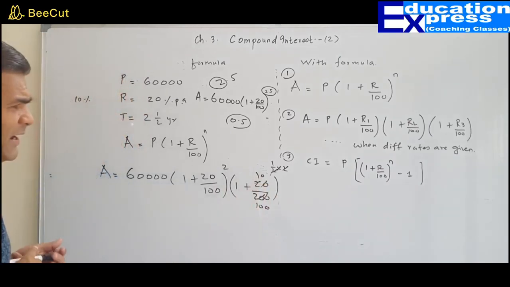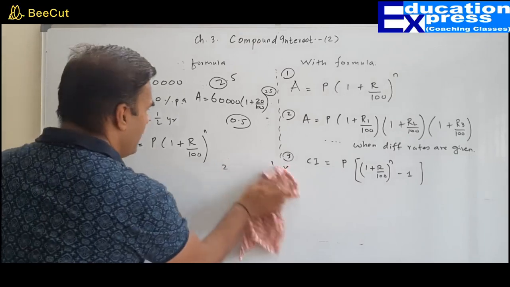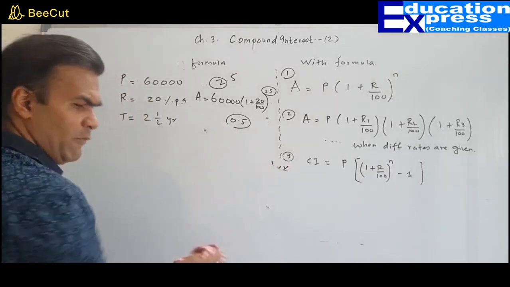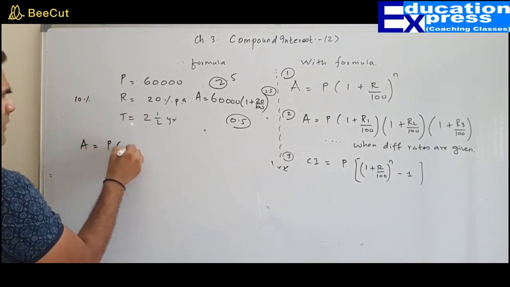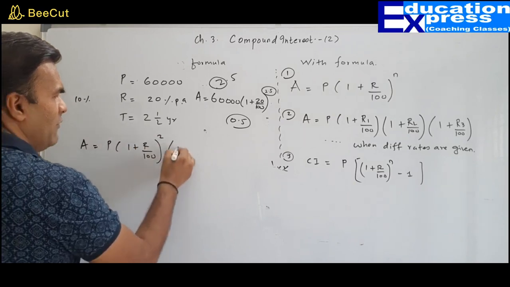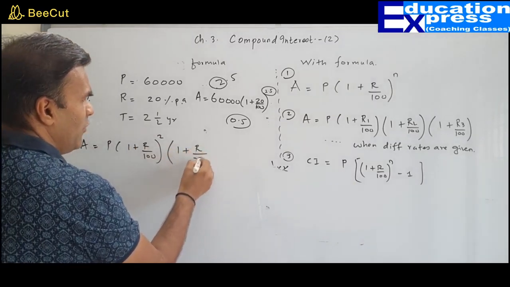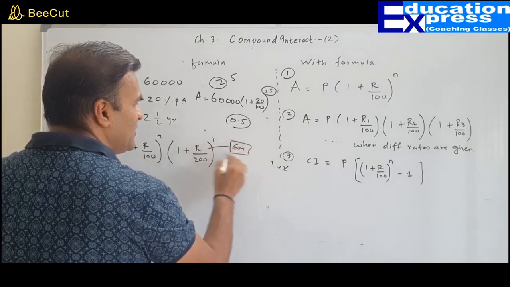So in a systematic way, if you are adopting a formula for 2.5 years, then basically what should be done? A equals to P, 1 plus R upon 100 raised to 2 and 1 plus R upon 200 raised to 1. This is nothing but interest for 6 months.